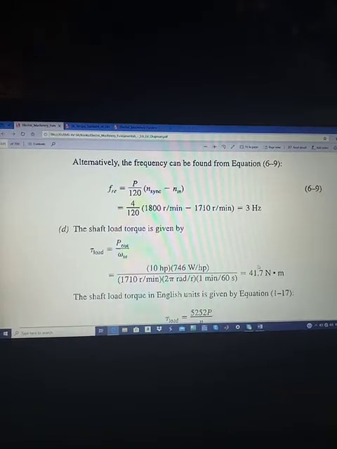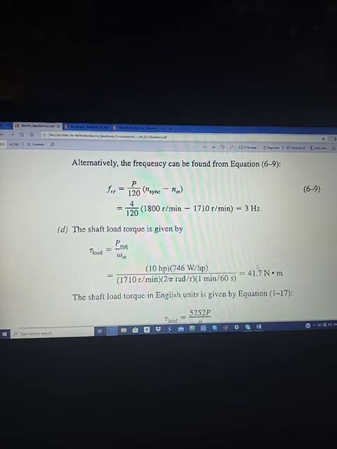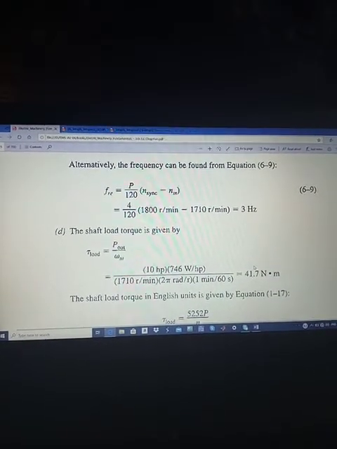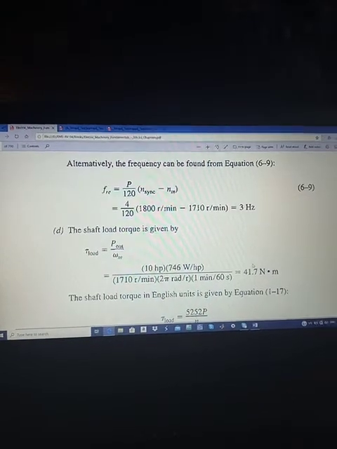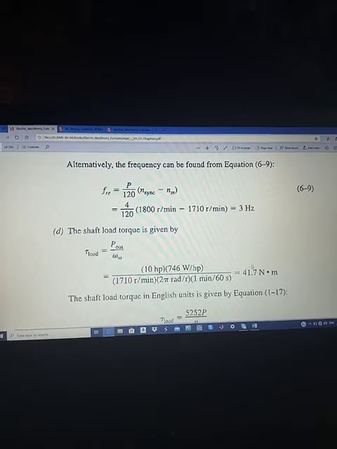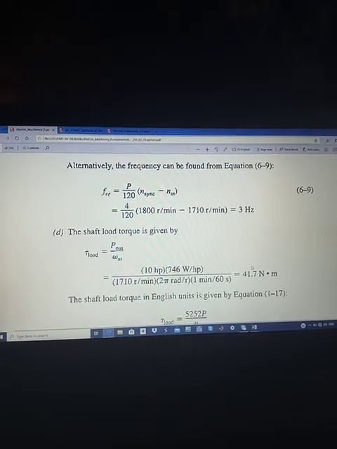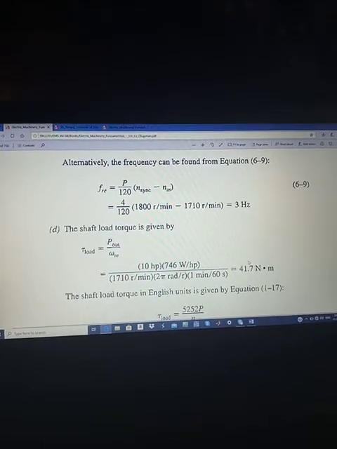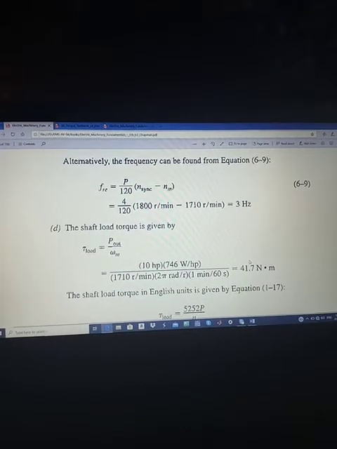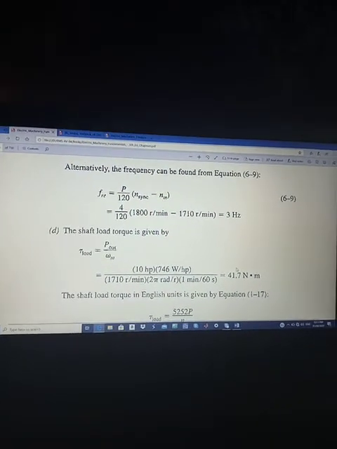In one revolution there are 2 pi radians, so 1710 revolutions per minute is equal to 1710 times 2 pi radians per 60 seconds.